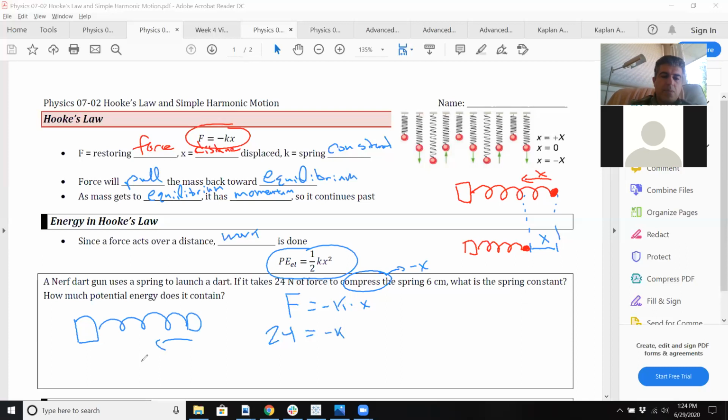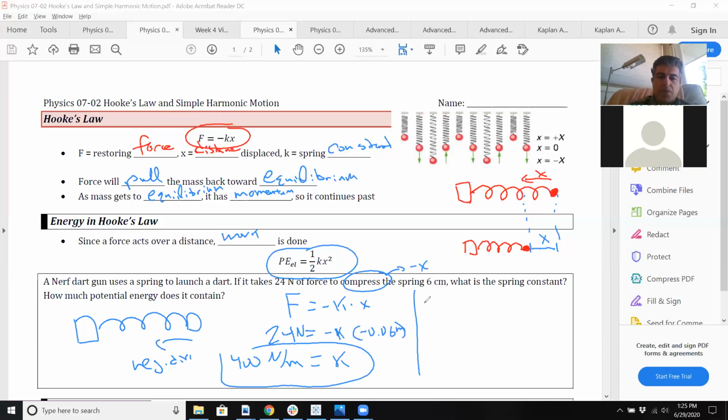It's going to the left, which we consider the negative direction. So we'll say negative, and remember, you have to use meters. If we solve for k correctly, the units are newtons per meter.